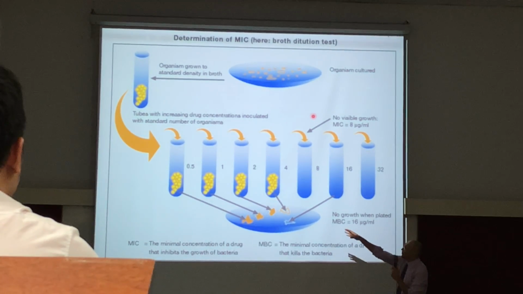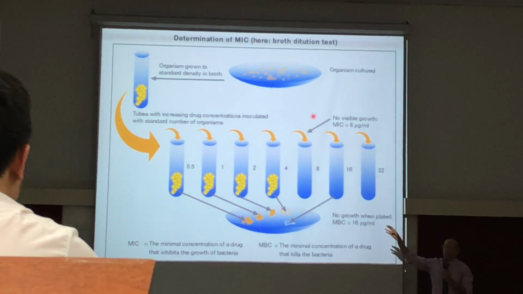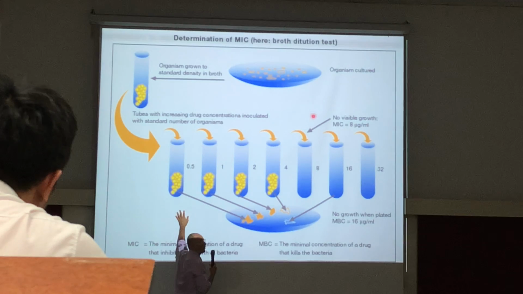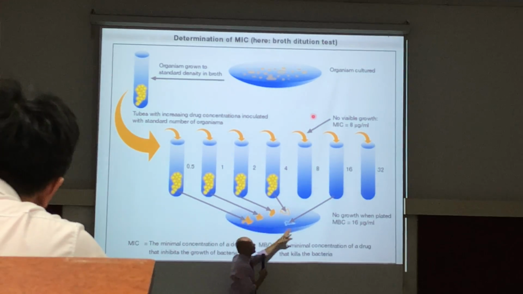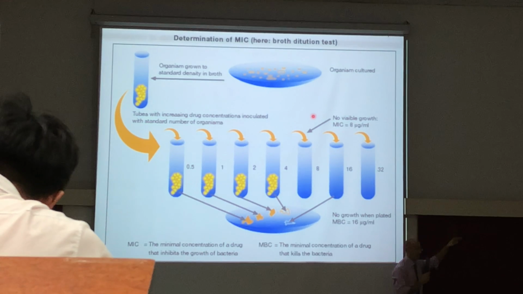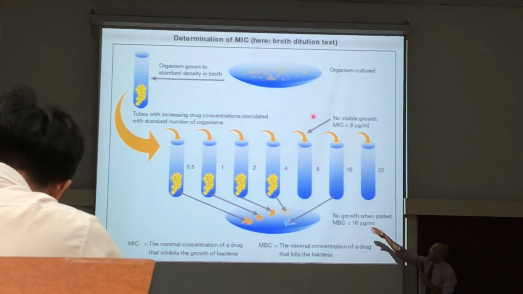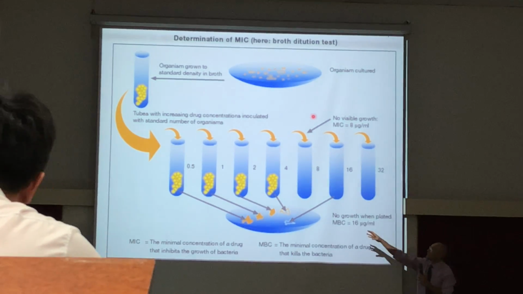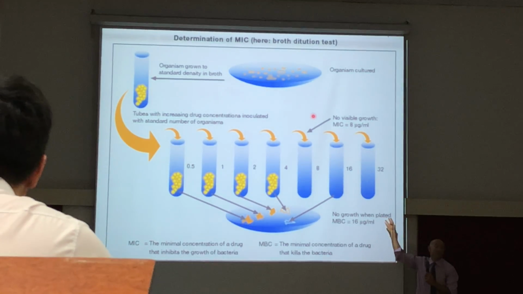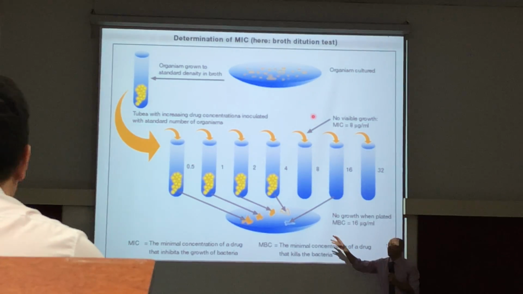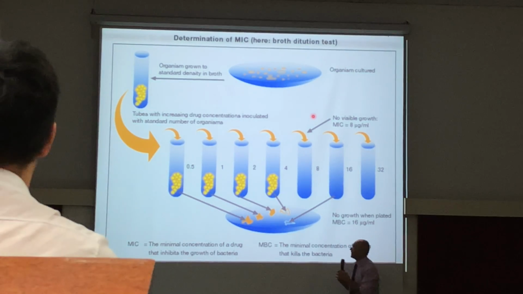In these tubes, you can see there are different concentrations of the drug, from the lowest concentration, 0.5, up to a multiple of 32, even 64. You know, double, so 0.5, 1, 2, 4. Each concentration is double the former one, the previous one. After 24-hour incubation, what are you going to see?